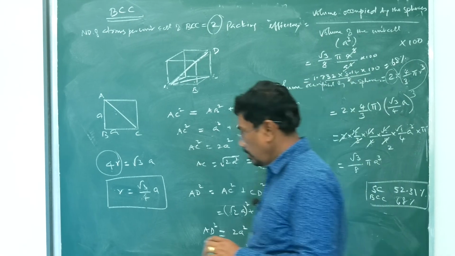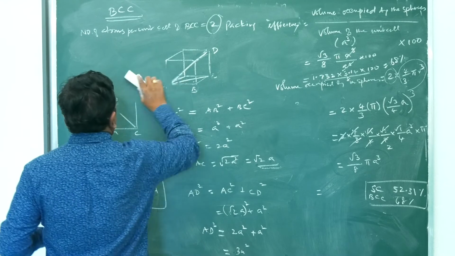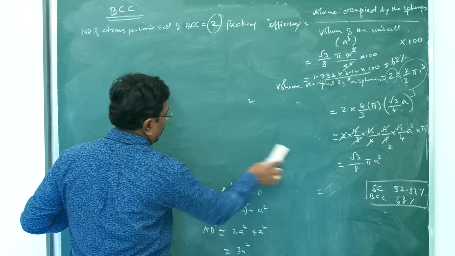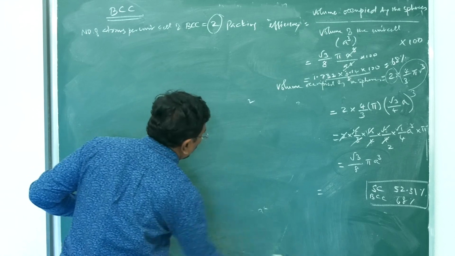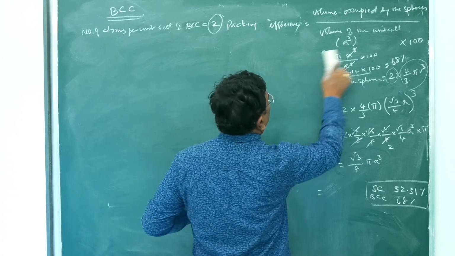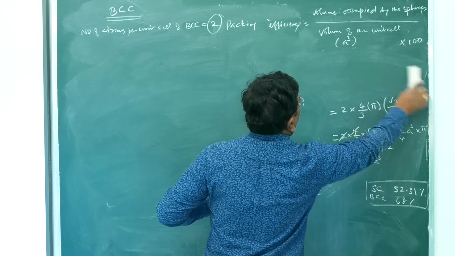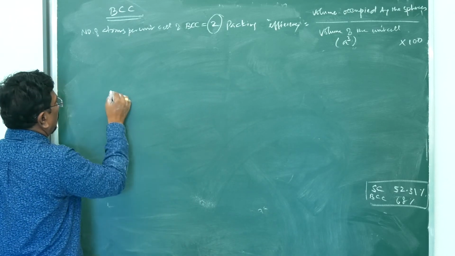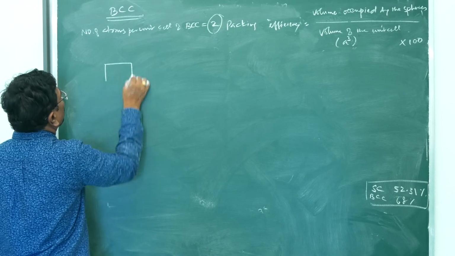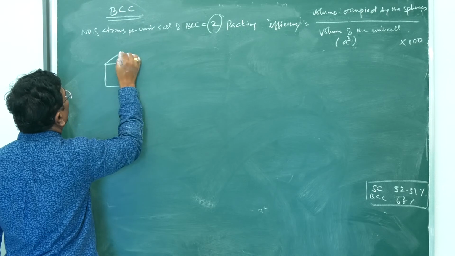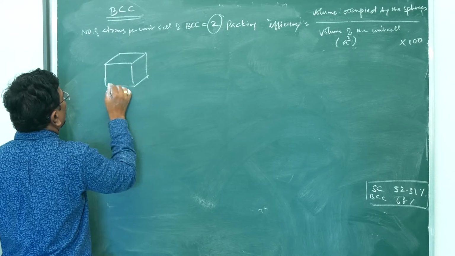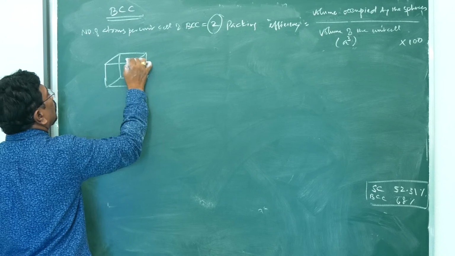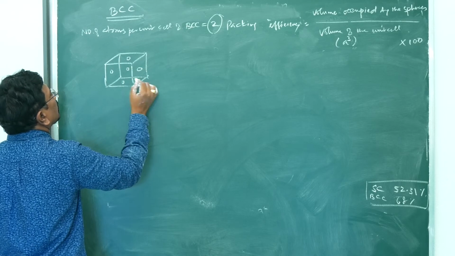Now let us go into the packing efficiency for face-centered cubic unit cell. Face-centered: 1, 2, 3, 4, 5, 6.